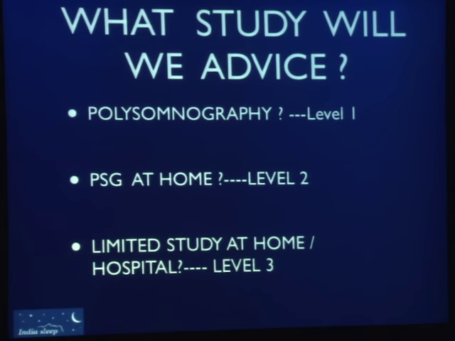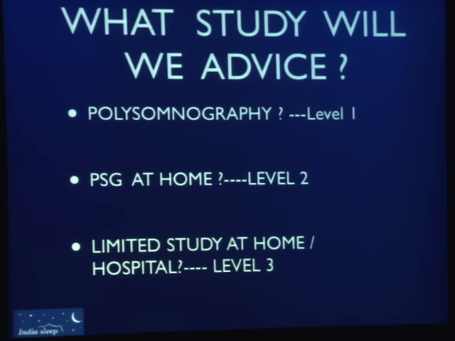So which study should we advise? We have already discussed that. Just for beginners, a repetition: a level 1 polysomnography, with all the channels, at least 7 as Vijay stated, with all the parameters from the brain, leg, orbits, everywhere, in the hospital, is level 1, which is attended by a qualified technician.